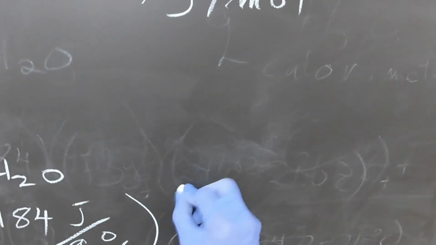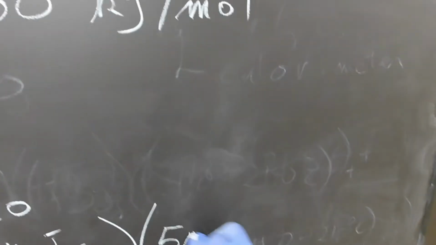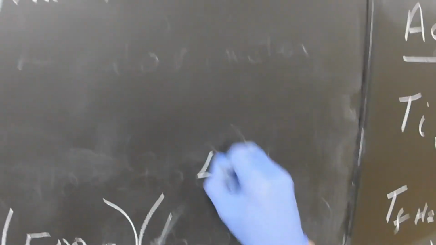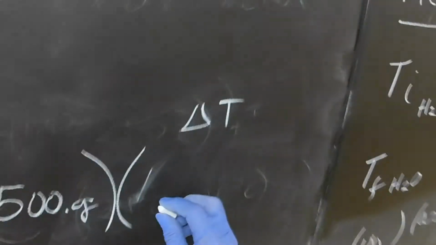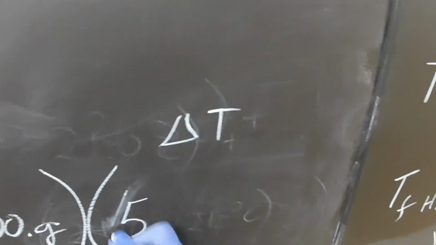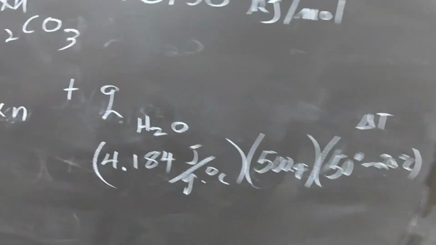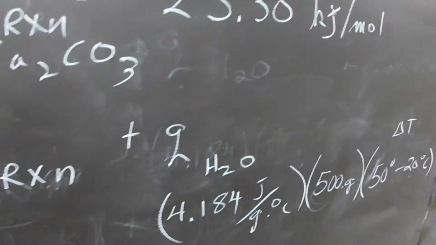And how many grams are in that bag of water? 500 grams. And what's the delta T? Well, the initial temperature is 20 degrees, and the final is 50, so 50 degrees minus 20 degrees C. So that's what's happening to the water.